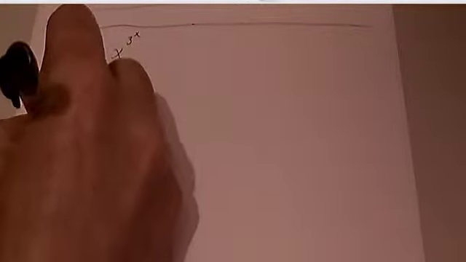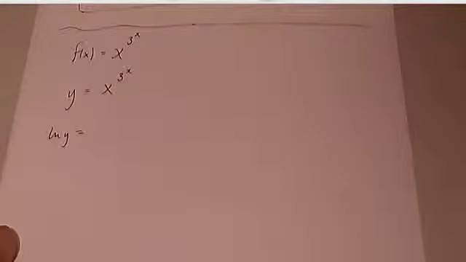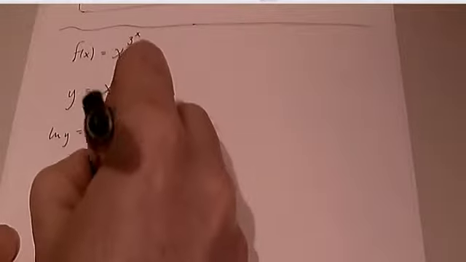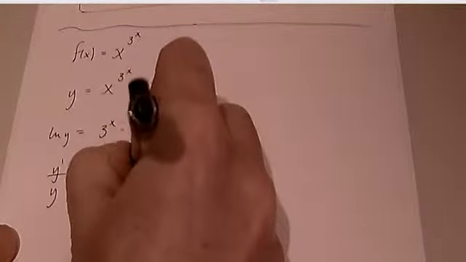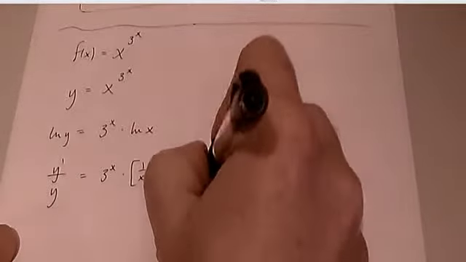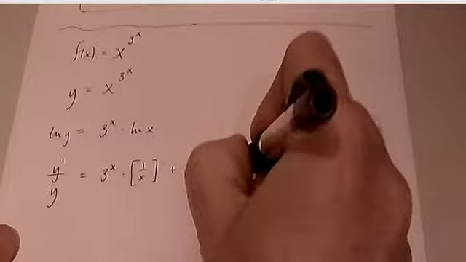So I would go ahead and change this function here. And we can go ahead and do the natural log of y, 3 to the x times natural log of x. And so we do y prime over y first times the derivative of the second plus the derivative of the first times the second, okay?